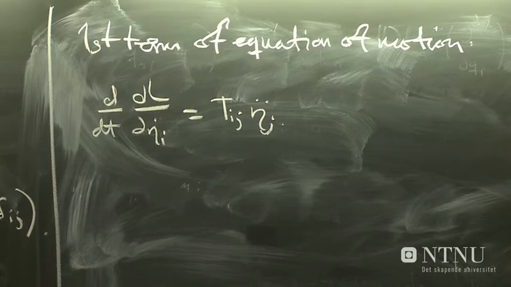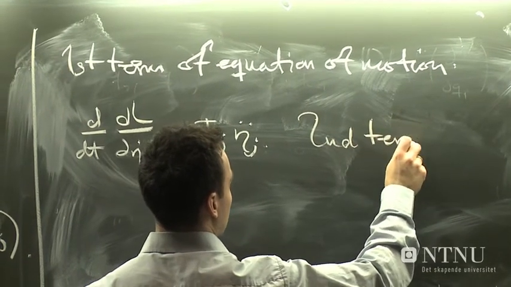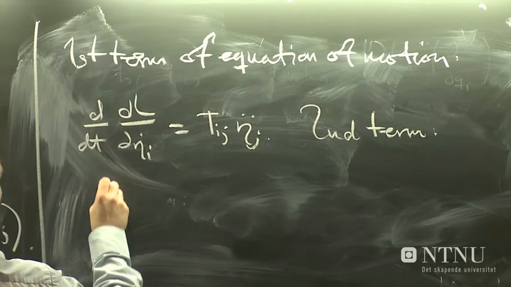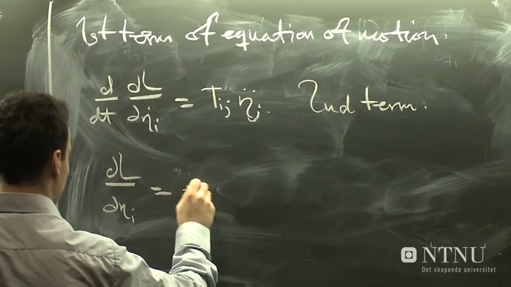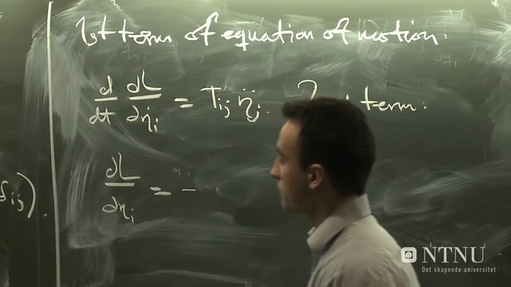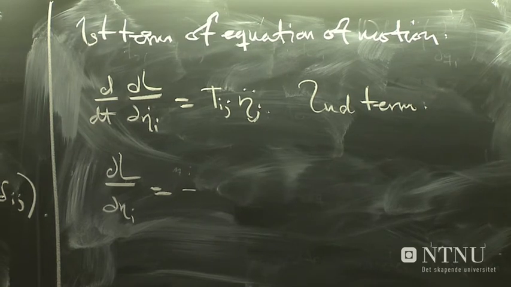And if we perform a similar calculation for the second term, we get... Excuse me? Yep. If the coefficients Mij can be dependent on the generalized coordinates, would these also make contributions in the time derivative?